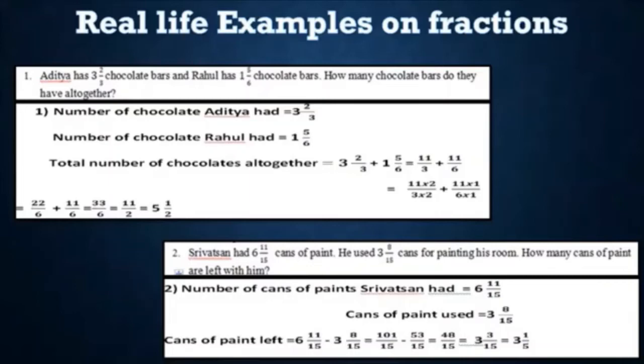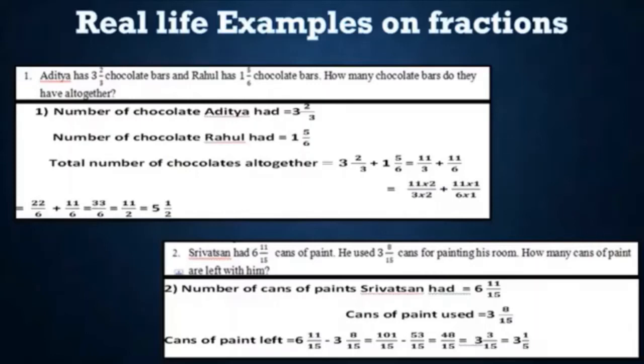6 11 by 15 is equal to 101 by 15, and 3 8 by 15 is equal to 53 by 15. So it will become 101 by 15 minus 53 by 15. 101 minus 53 is equal to 48, and as the denominator is the same, we don't need to subtract it.